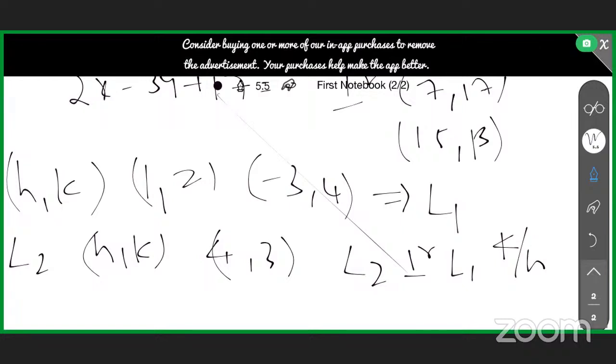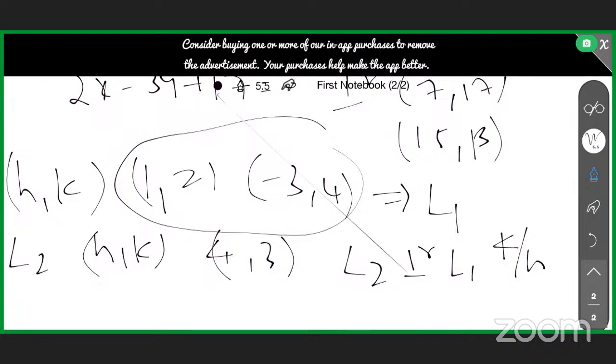So first what you do is take any 2 points, let us say these 2 points, and find the line equation for line L1. And for L2, what line equation will you get?